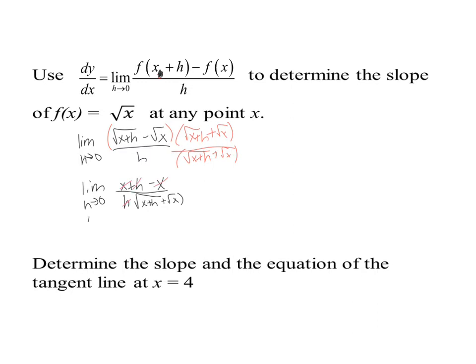So all of this should simplify down to 1 over the square root of x plus h plus the square root of x. Now if we plug our 0 in, just like we normally would, that would give us an answer of 1 over root x plus root x, or we could simplify that to 1 over 2 root x. And that should be our final derivative.